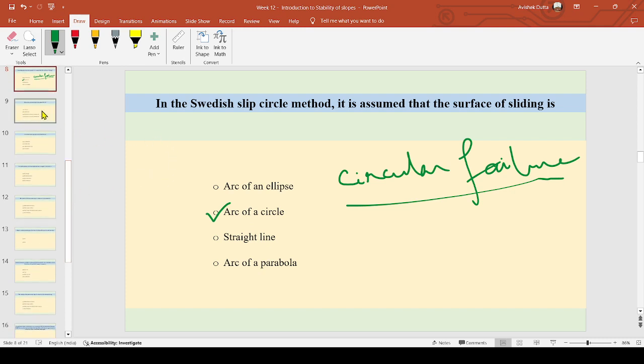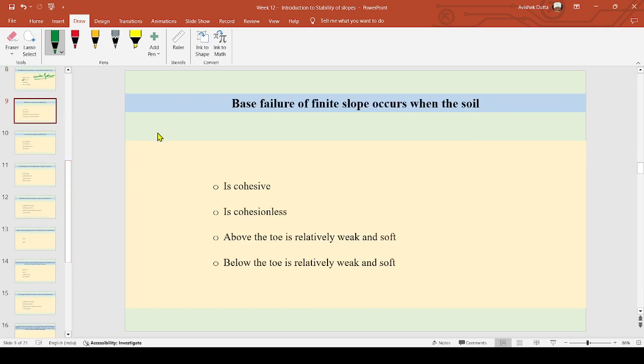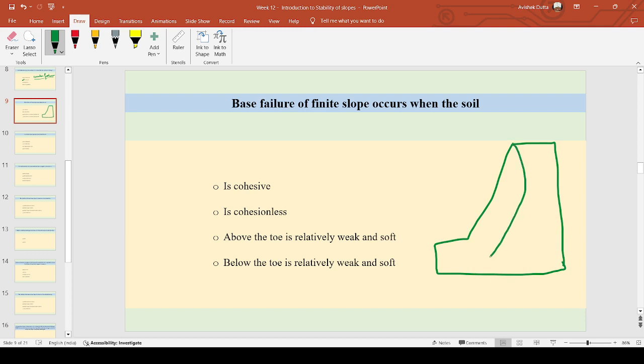Next question. Base failure of finite slope occurs when the soil. So I'll just draw once again the diagram of the base failure. So if the critical failure surface starts from this and it is extending below the toe, that means what?